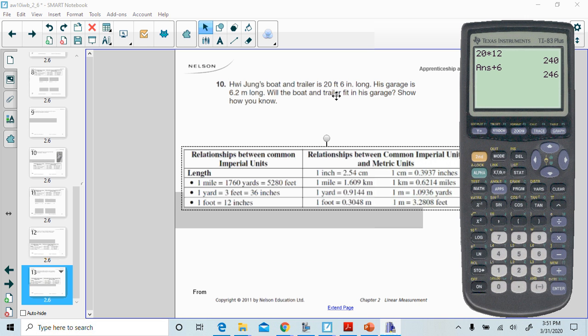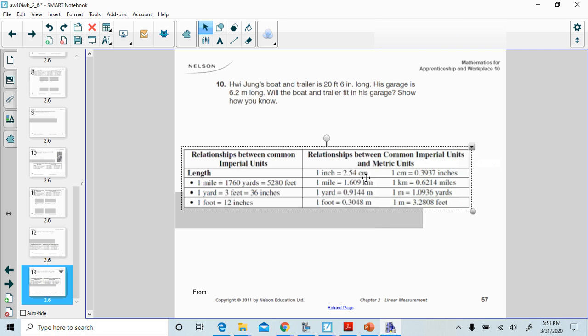So this number is in inches. And then we're going to convert inches to centimeters, which is here. So we're going to take that number times 2.54. So there's a number in centimeters. And then we're going to divide that by 100 to convert from centimeters to meters. So we get a number that's 6.24 meters. So we can see that the boat and trailer are not going to fit in the garage.